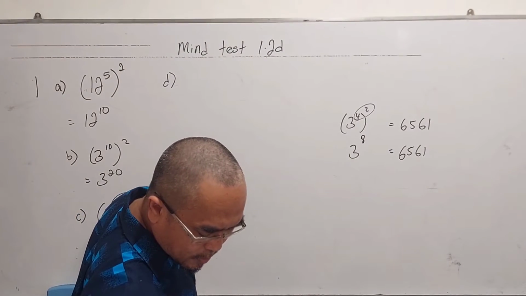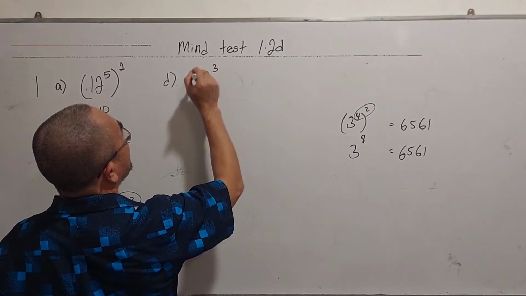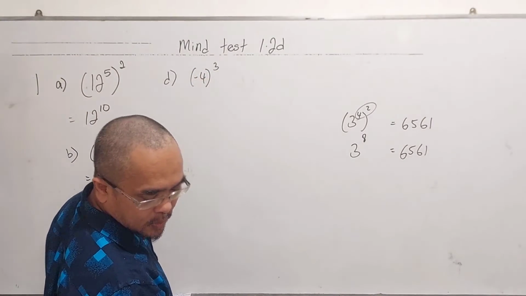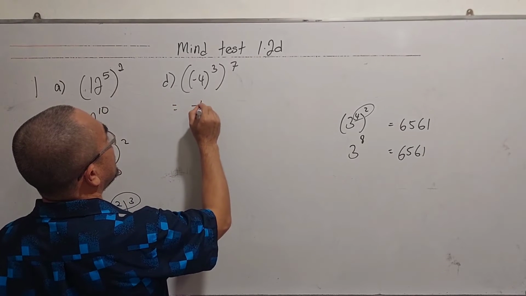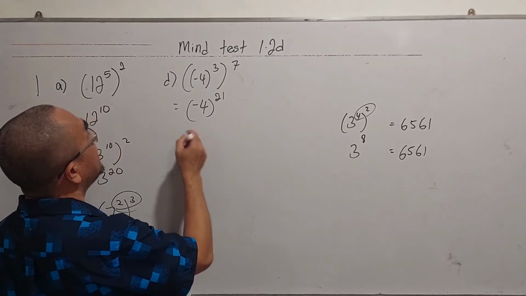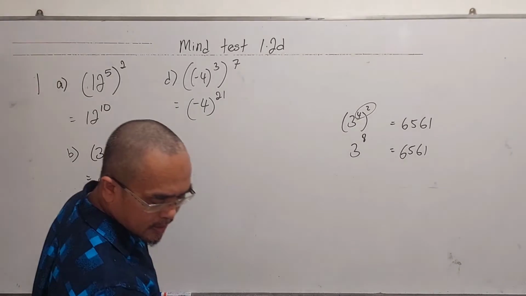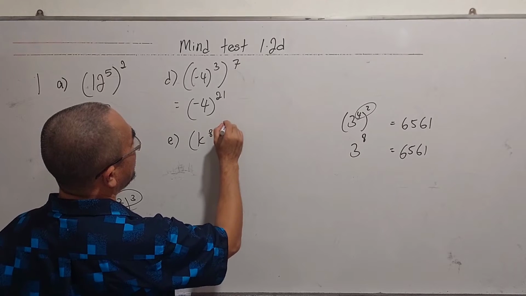For D, it will be negative 4 to the power of 3 to the power of 7, negative 4 to the power of 21. Make sure you put in bracket. K to the power of 8 to the power of 3.